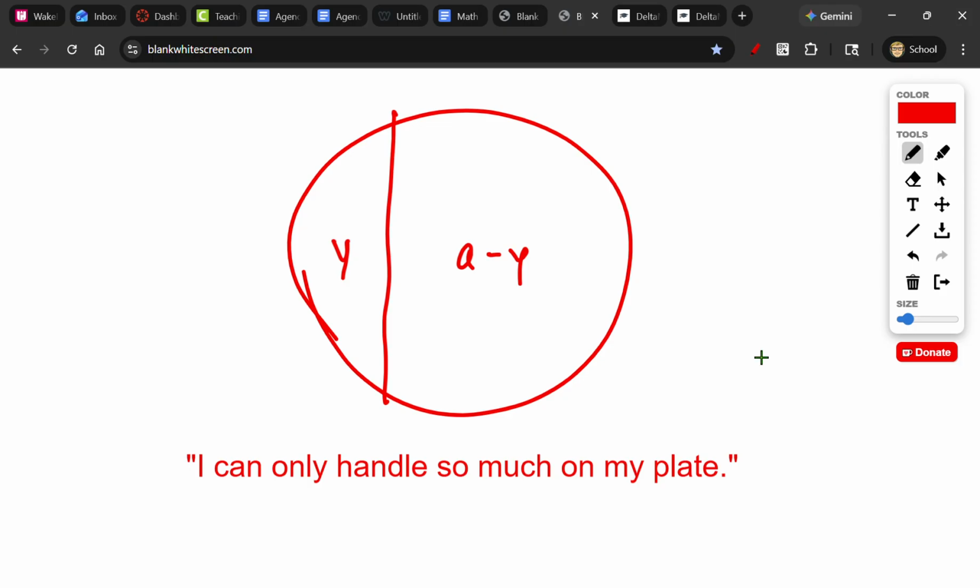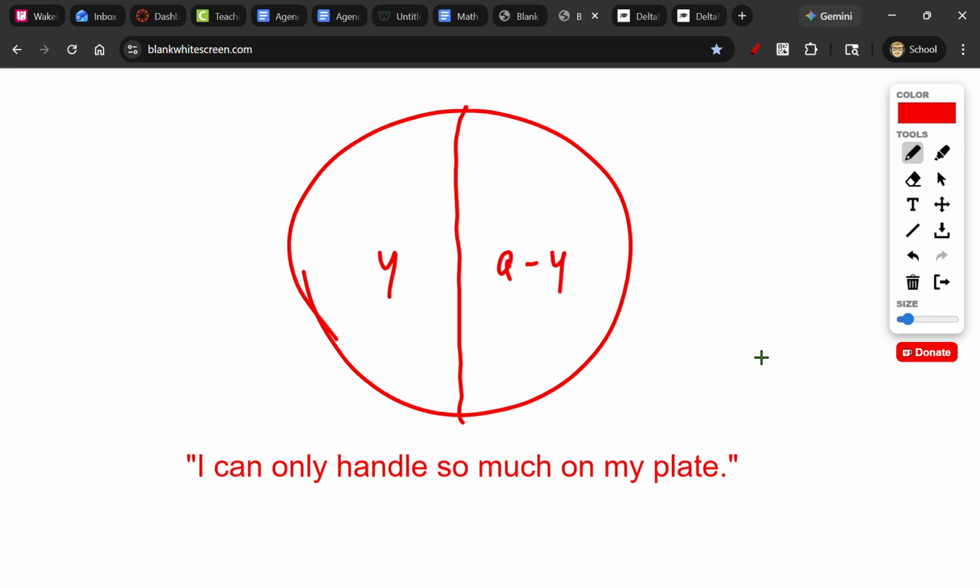So as you eat food, this line maybe moves to the right. So you have more of y and less of what's left over, right? So what happens is when you've eaten half of your food, then this turns out to be the half, right? A over 2.